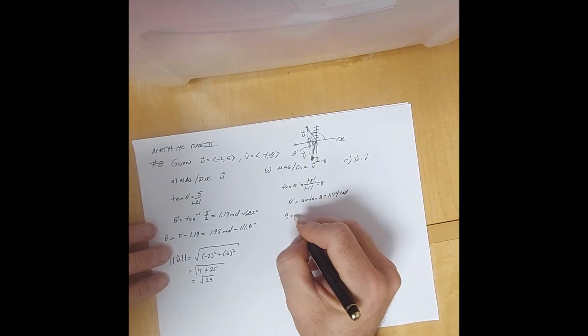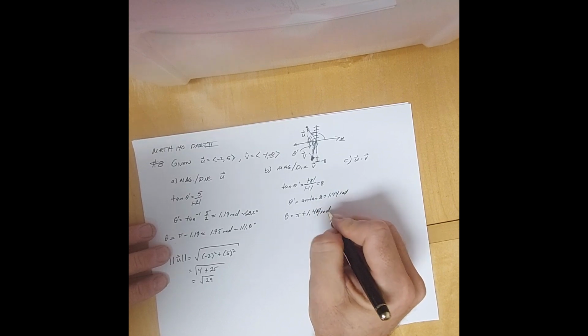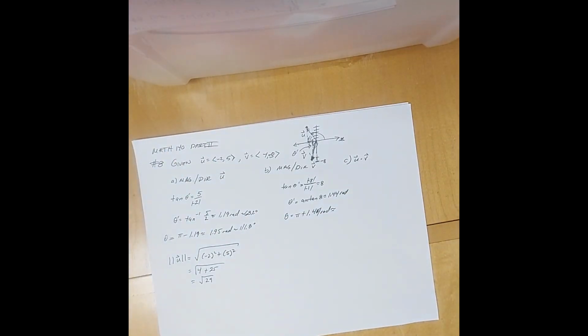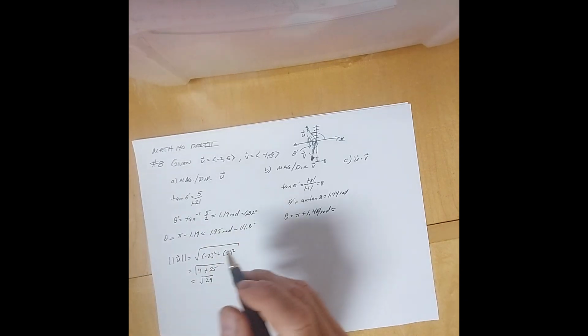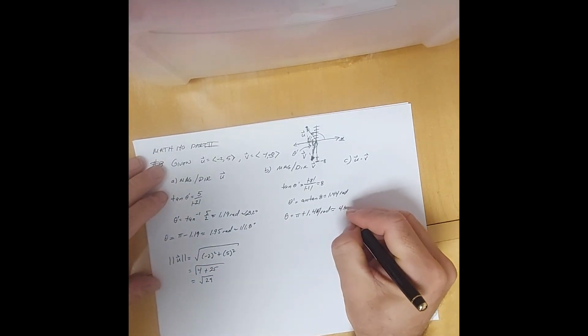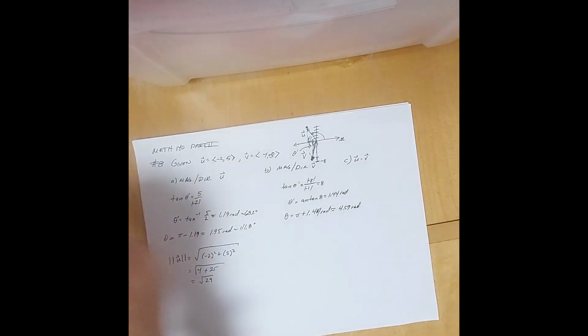So theta is going to equal pi plus 1.44 rads, which gives us an approximate value of 4.59 radians.